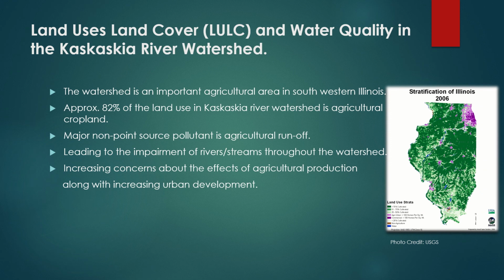Just looking at the land use, land cover, and how land use affects water quality in the Kaskaskia River watershed. The Kaskaskia River watershed is an important agricultural area in the southwestern portion of Illinois. 82% of the land use in the watershed is agricultural cropland.